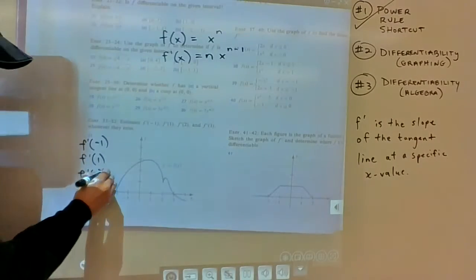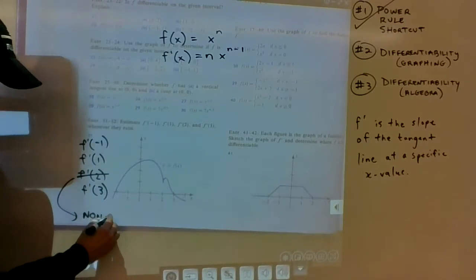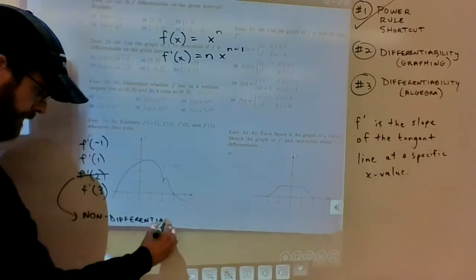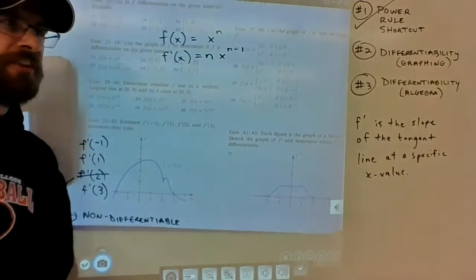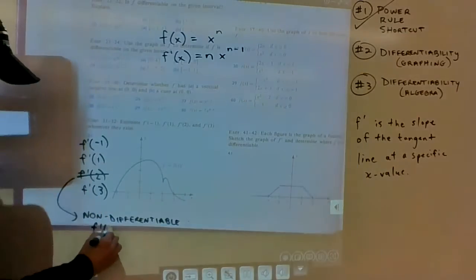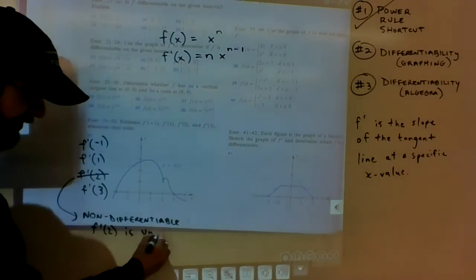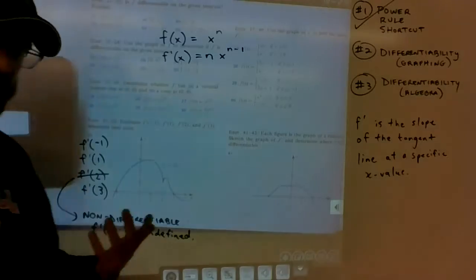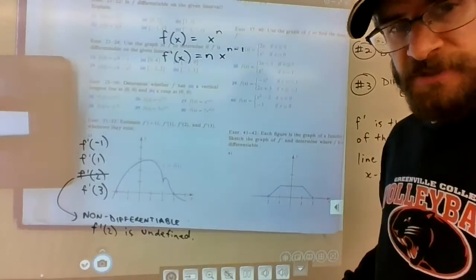You would say f prime of 2 is non-differentiable. So we could say that the derivative doesn't have a defined value there. So f prime of 2 is undefined. Hopefully you guys can see that on here. The rest of this task is just making sure that you guys can do estimates for tangent lines that cross at specific spots on the graph.